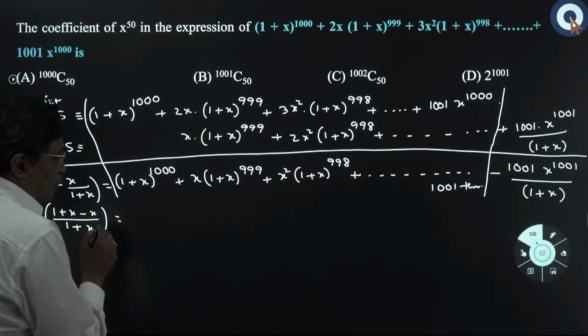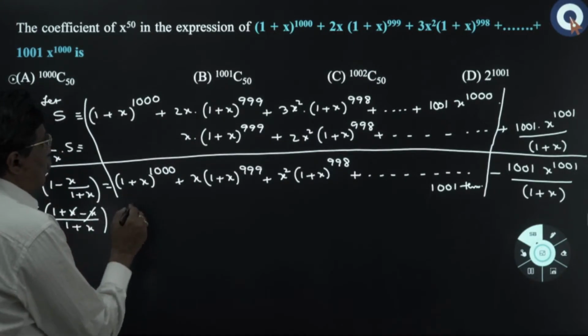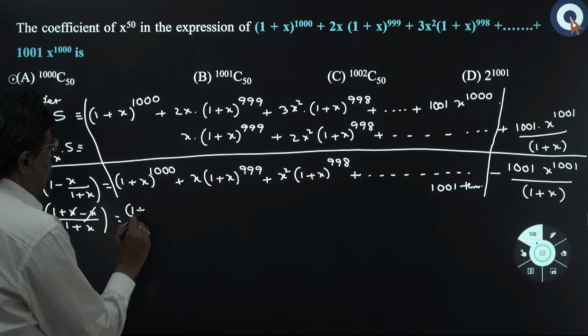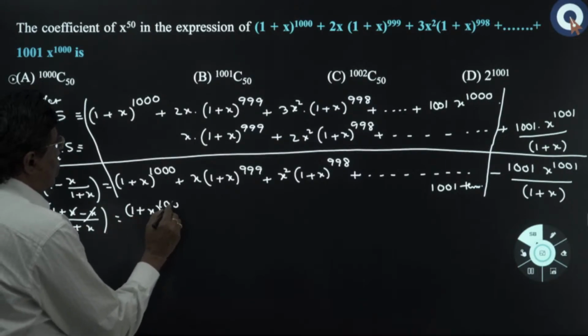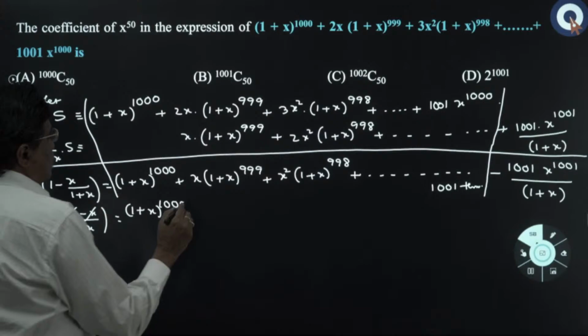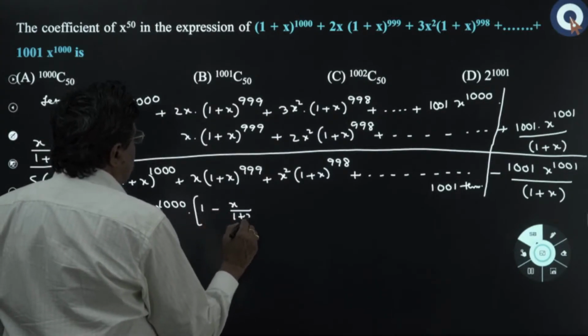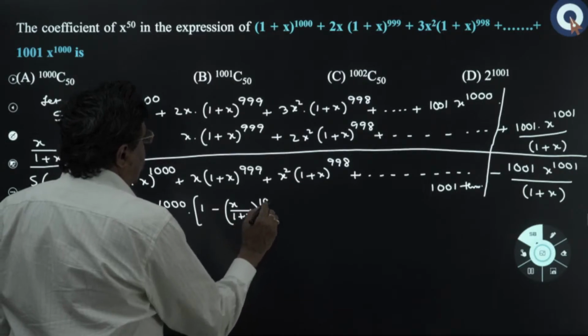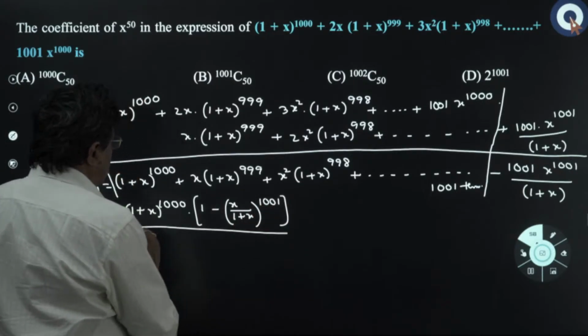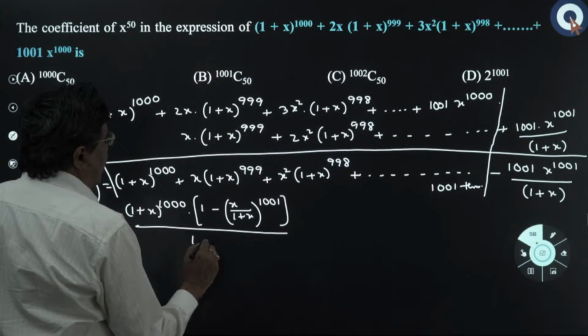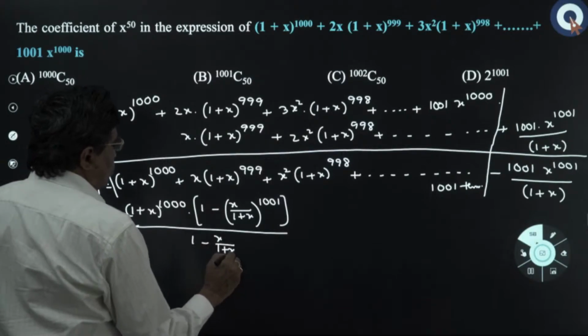I'm not sure whether the space will be sufficient. Let us try. So, this is a into x by (1 plus x) is the common ratio. So, (1 minus (x by 1 plus x) to the power of 1001 terms) by (1 minus x by 1 plus x).